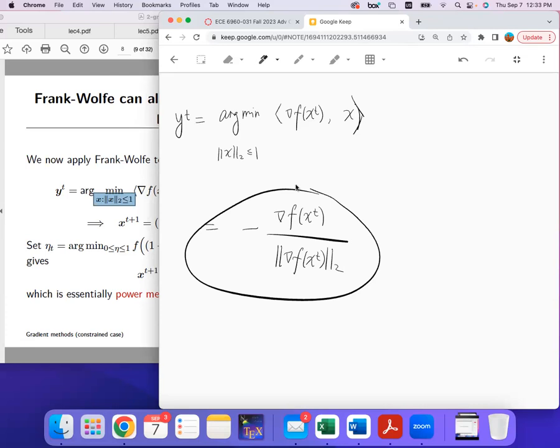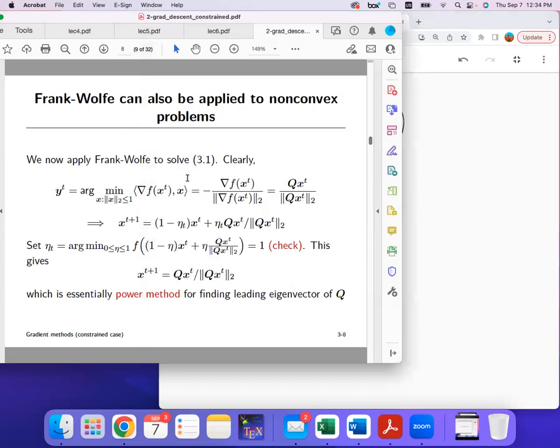You can see it has unit norm, because of this normalization factor, and it is negatively correlated with the gradient. So this optimization problem has a very simple solution. This is our yt.